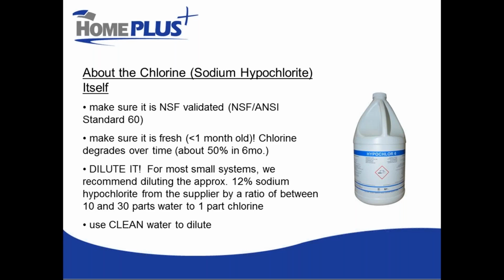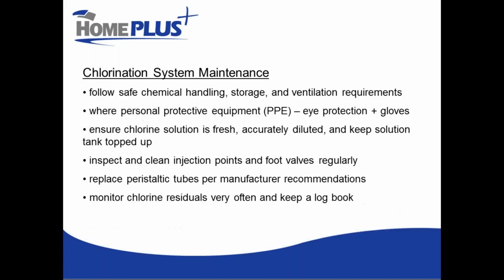So if you're injecting a strong concentration of chlorine, your injection pump might run and then stop and have a pause that could be 30 seconds, a minute long, then inject again, then have a big long pause, then inject again. Well, every time it pauses, you have a slug of unchlorinated water going through.